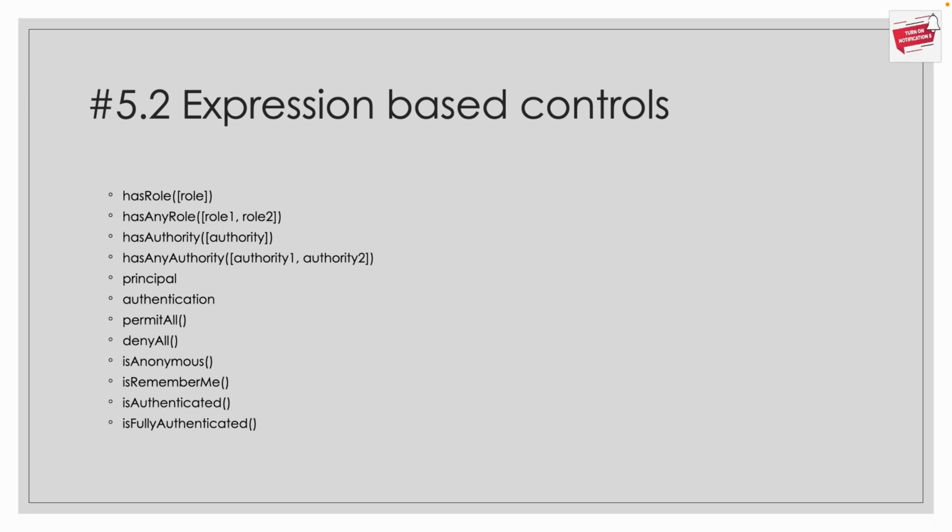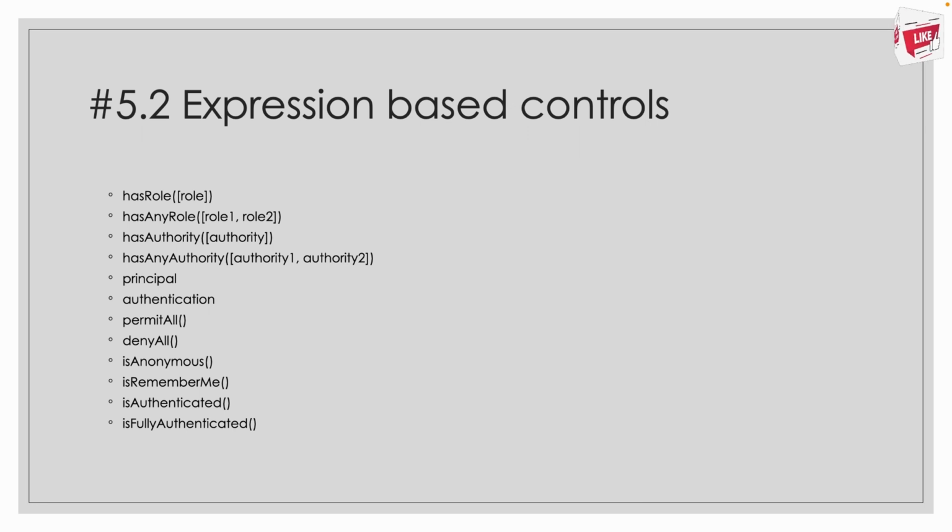The second one will be hasAnyRole. Here it will take a group of roles separated by comma. It will return true if the current principal user has been assigned any of those roles. The next one will be hasAuthority. The authority, as we discussed, will return true if the current principal user has that particular permission.